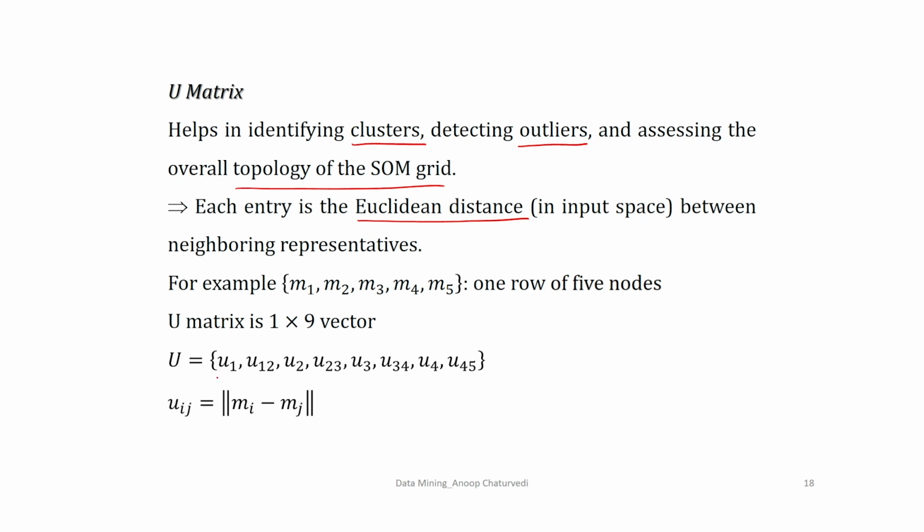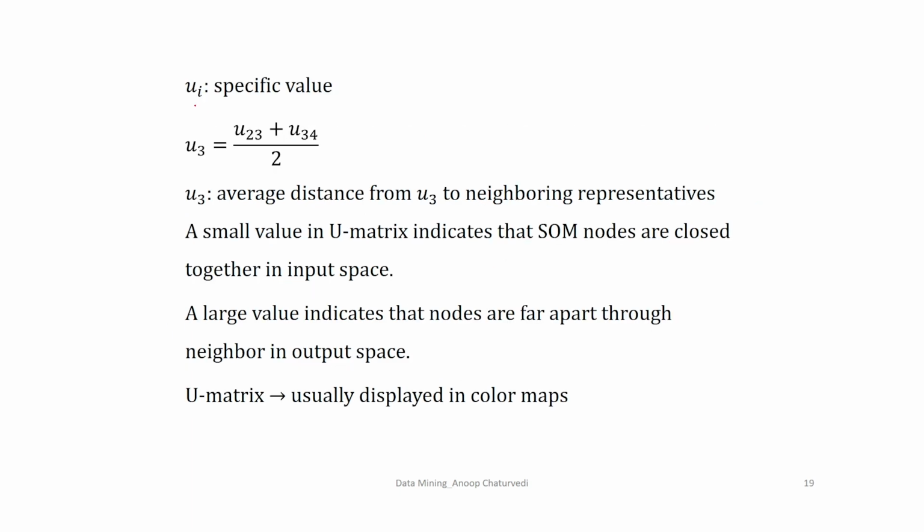Say U equal to U1, U12, U2, U23, U3, U34, U4, U45. Now, Ui is a specific value. Say we define U3 equal to U23 plus U34 divided by 2. So actually, what is U3? U3 is the average distance from U3 to neighboring representatives U2 and U4.